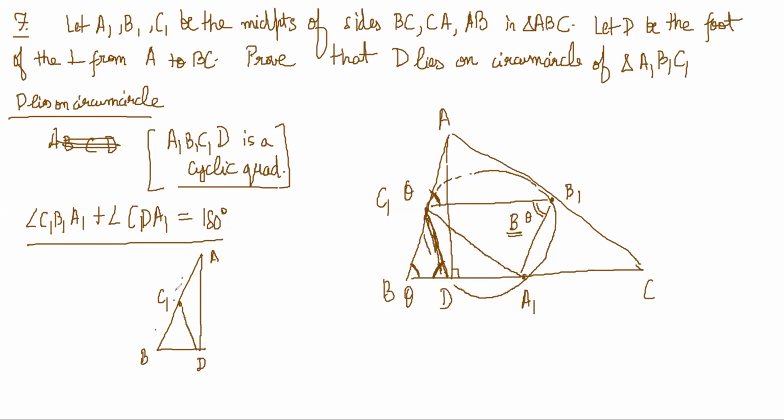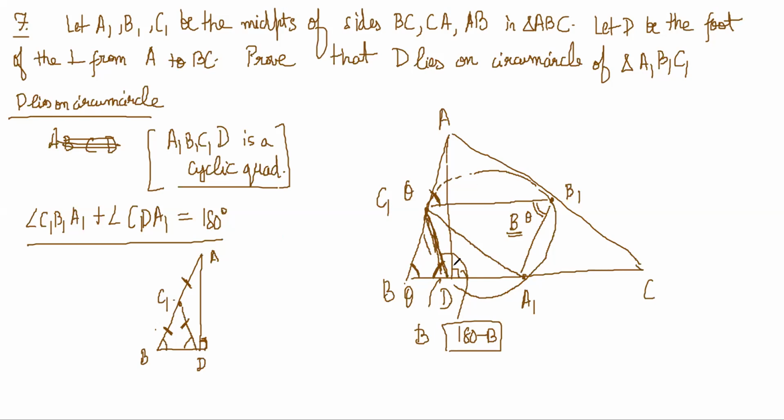So this distance must be equal to this distance, must be equal to this distance. So this angle is equal to this angle. So angle C1DB is equal to B only. So this angle must be 180 minus B, correct?